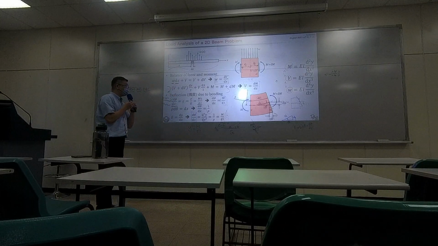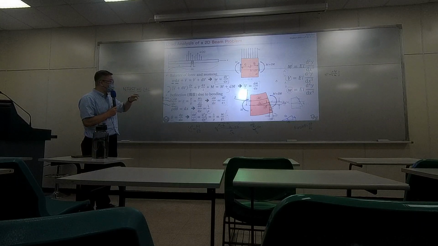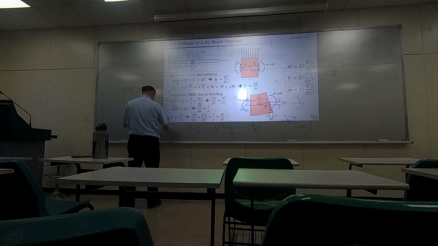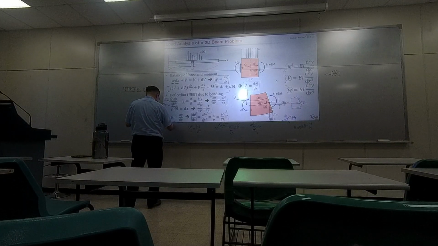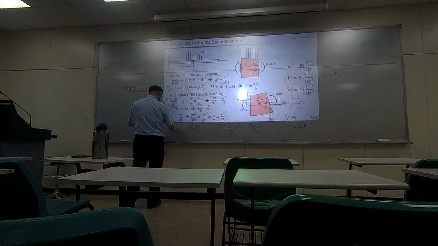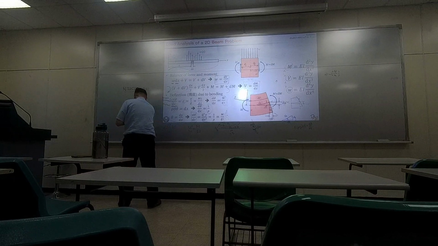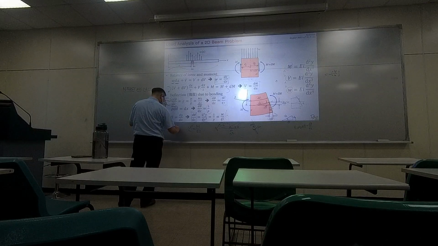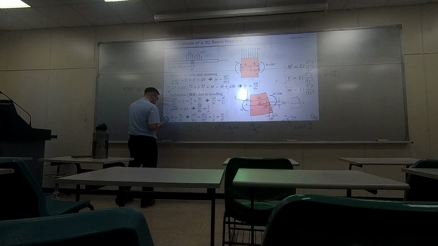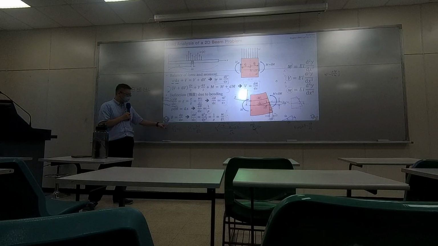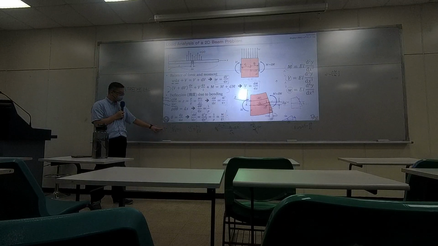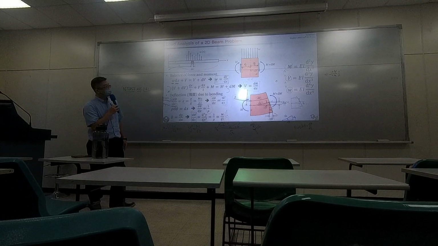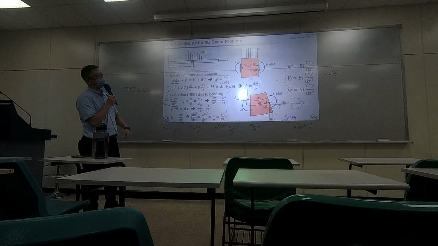So if we try to compute y, what is y? Y is deflection. You can take the integral twice. If you know m, and you take the integral twice, you can get deflection. Okay? So the key is you need to know m.